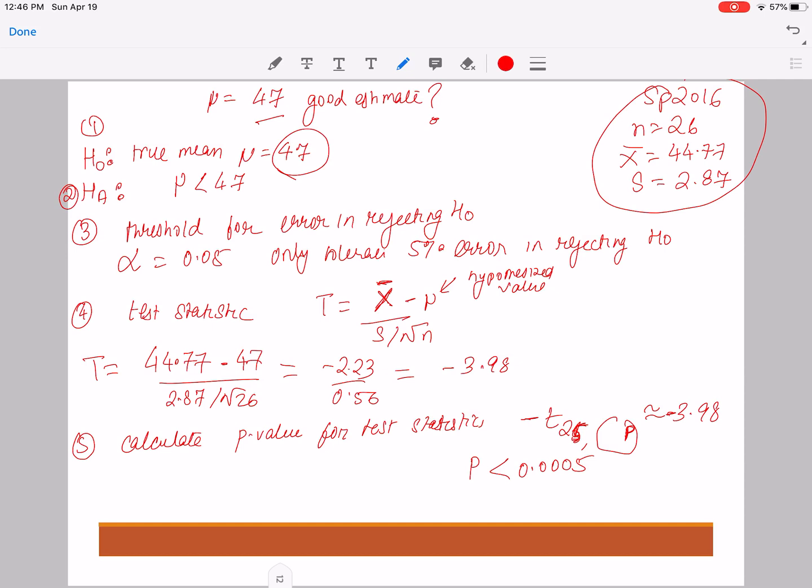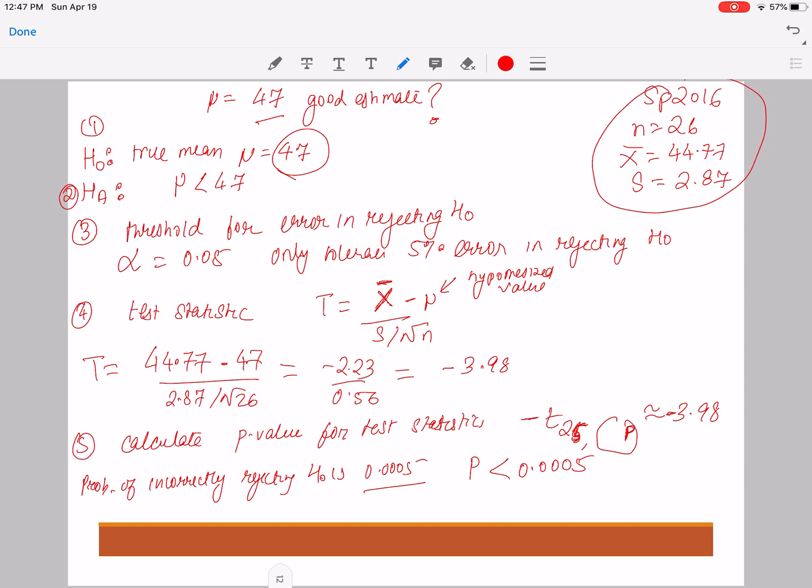So let's say that I referred to the t table properly, and I got the probability value as less than 0.0005, which means that the probability of incorrectly rejecting H0 is 0.0005, meaning that even if I were to reject H0, there is 0.0005 chance that I did it incorrectly, which means that I'm in pretty good shape to reject H0.